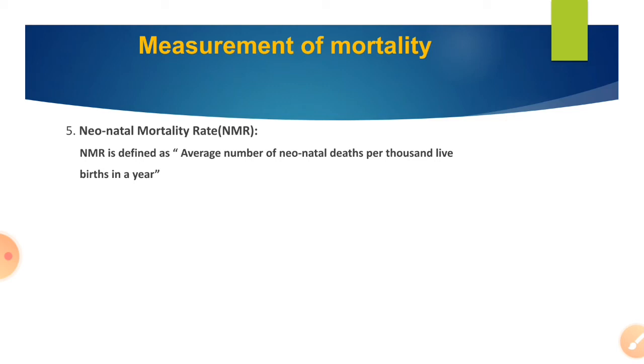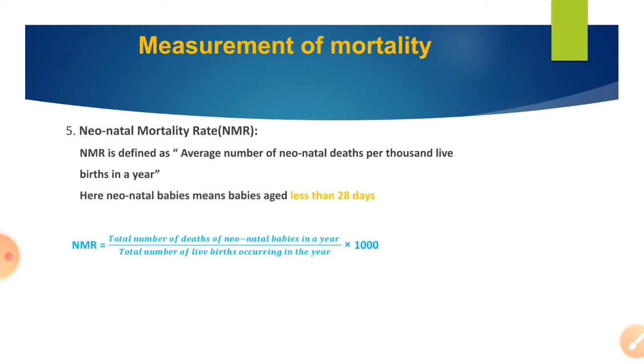The formula of NMR is equal to the total number of deaths of neonatal babies in a year divided by the total number of live births occurring in the year, into 1,000. Most infant deaths occur within the first month of birth, and around 60% of infant deaths are neonatal deaths. In India, the NMR is 32 per thousand in the year 2010.